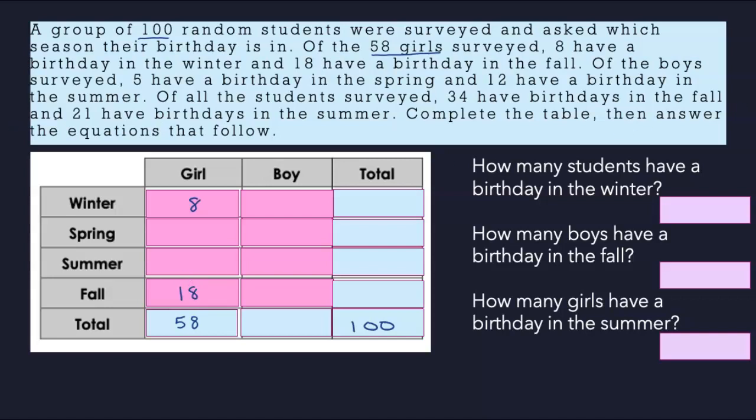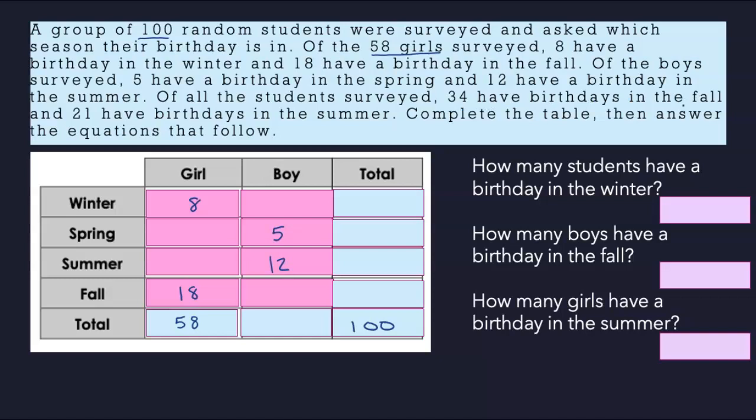Of the boys surveyed, 5 have a birthday in the spring. So boy, spring is 5. Now, 12 have a birthday in the summer. We're still in boy. I'm going to find summer, and that is 12. Of all the students surveyed, 34 have birthdays in the fall.